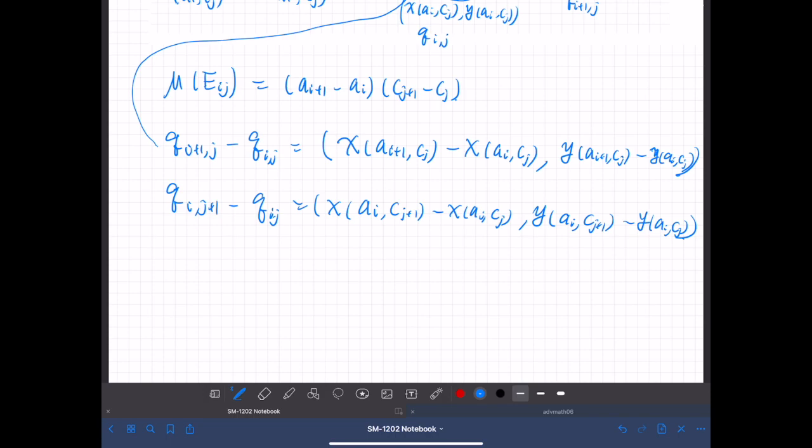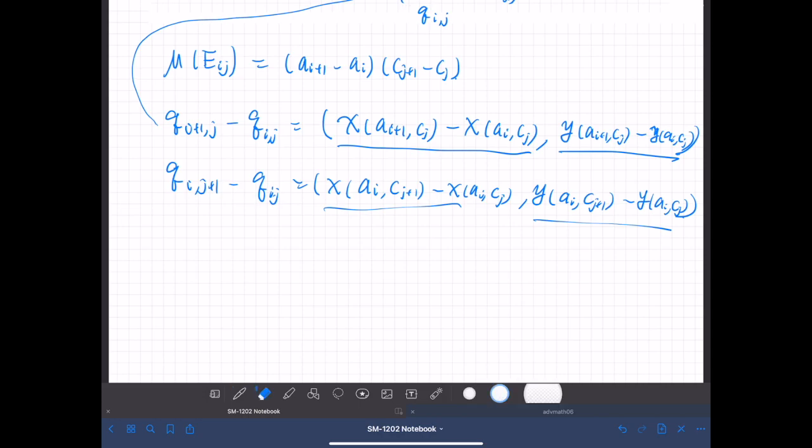we consider the Taylor expansion of these quantities. Okay, so it's a first order asymptotic expansion.